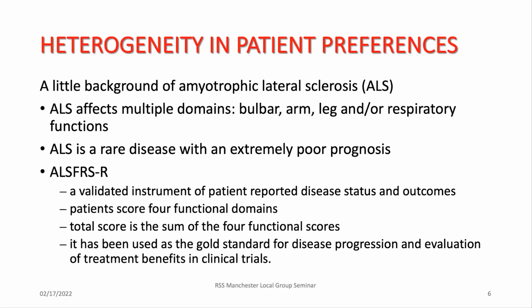This is a validated instrument for patient-reported disease status and outcome. Patients basically score their functional status in about 4 domains, and then all their scores add up to a total score. This has been used as a gold standard for clinical trials to evaluate the benefit of interventions for ALS.